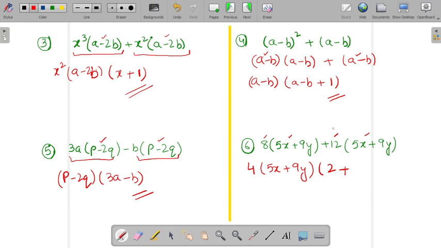We have taken 4 already. So this is 4 into 3. So plus 3. So this can be solved further. 2 plus 3 is 5. So multiply 5. You can write it further also: 4 multiply 5, that is 20, and in the bracket 5x plus 9y.